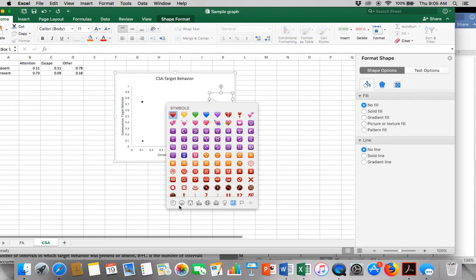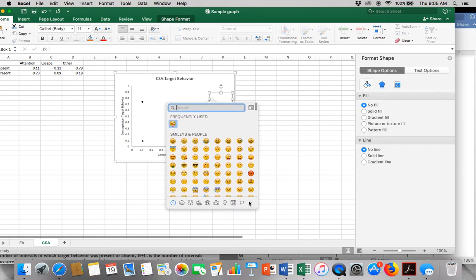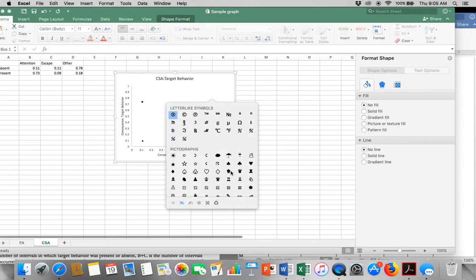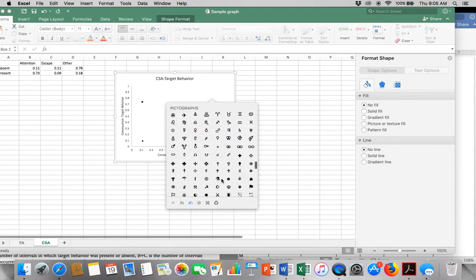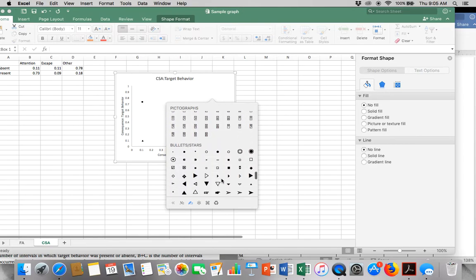We don't want emojis. Okay, so insert a circle. We'll go with this one.